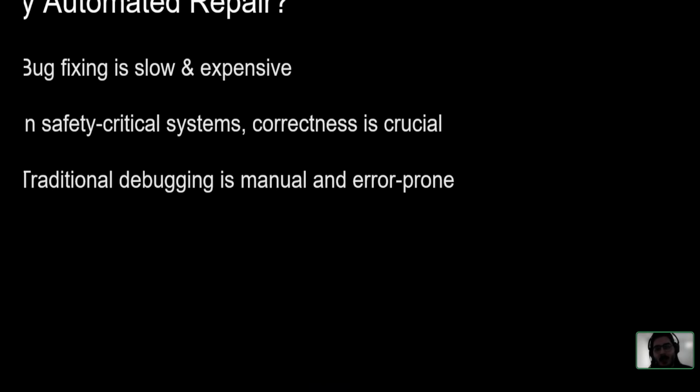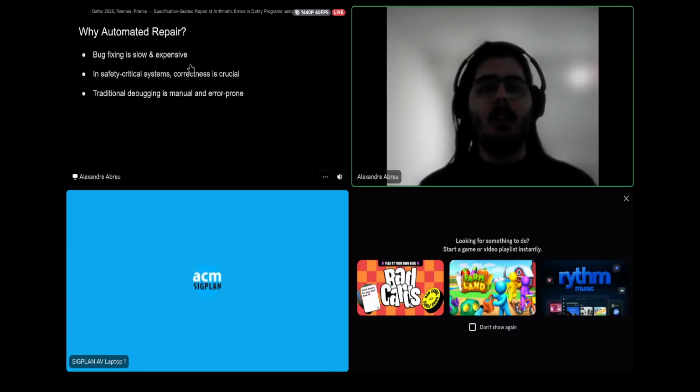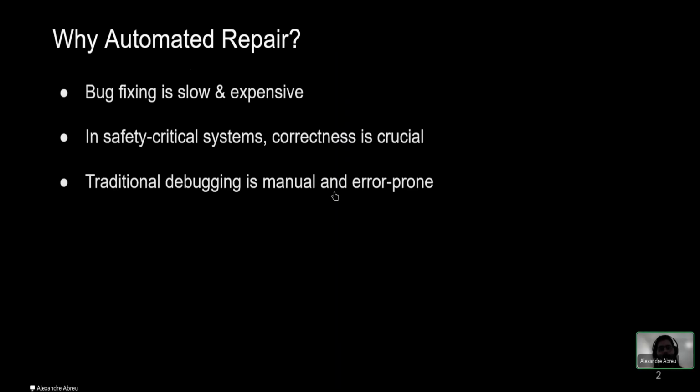So it's probably no surprise to anyone that software bugs are inevitable and very expensive to fix, especially in safety critical systems, in which the assurance of correctness is a very important part of the development process.